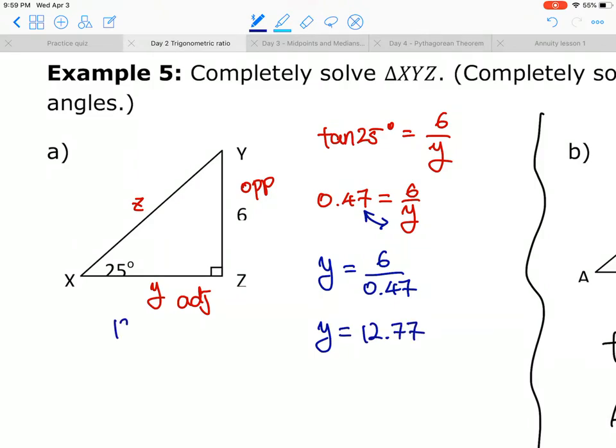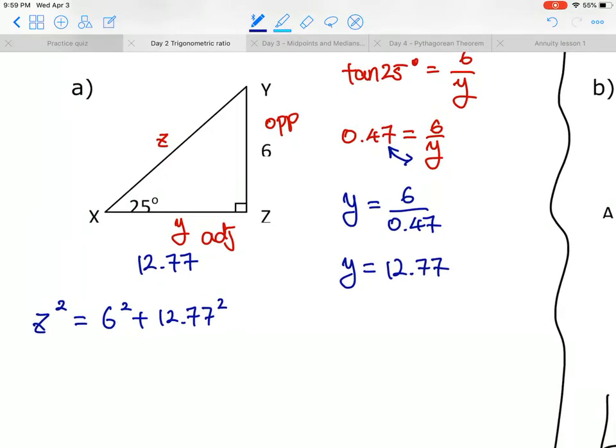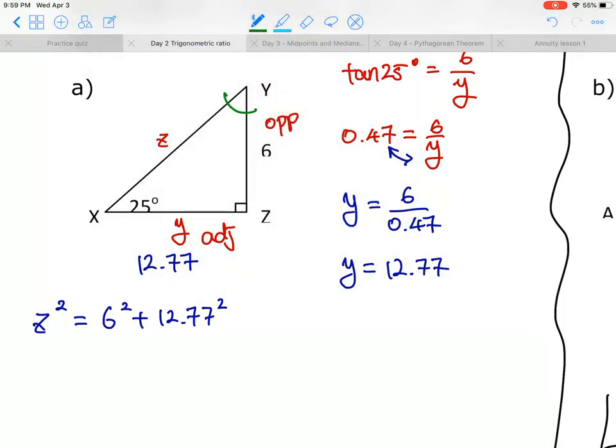Yay, so I found y to be 12.77. Then your question is, how am I supposed to find z? Well, this is a right angle triangle, so z squared is basically 6 squared plus 12.77 squared, and then you can find it, and I'm going to leave that to you, okay? Then you're going to ask me, how am I supposed to find this angle? Well, you have a right angle triangle, or any type of triangle.